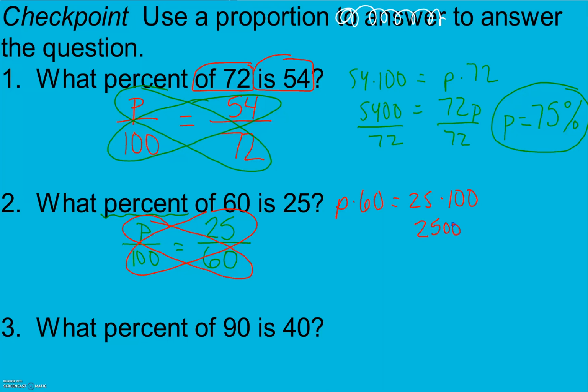Multiply, and to get rid of the multiplication, we divide. Here we get 41.6 repeating, or 41 2/3%, which is also the same as 41.6 repeating percent. Either one of those would work.